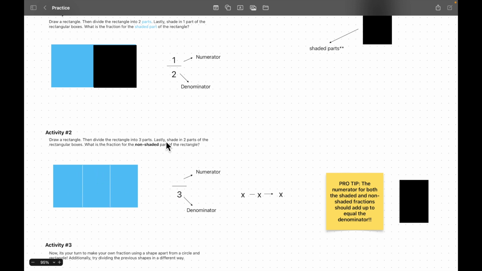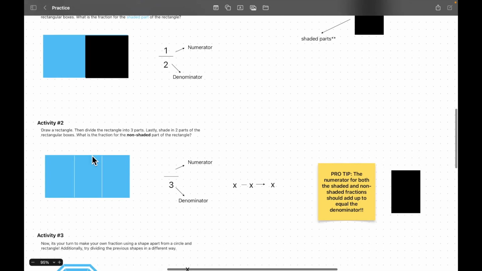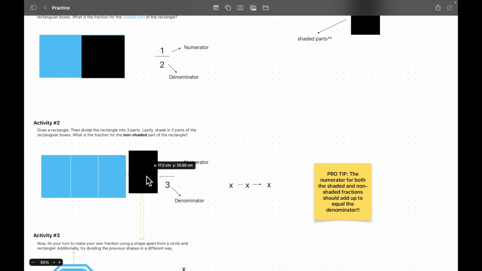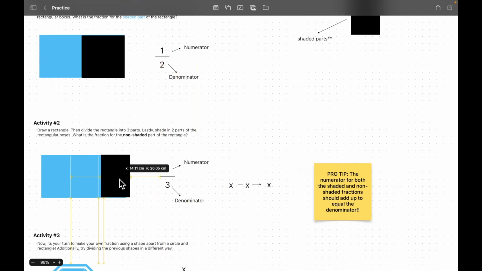So then it says shade in 2 parts of the rectangular boxes. Okay, let's get this. Adjust the size. Get this one. Hopefully the white lines show up. I think that's good. Alright, done.